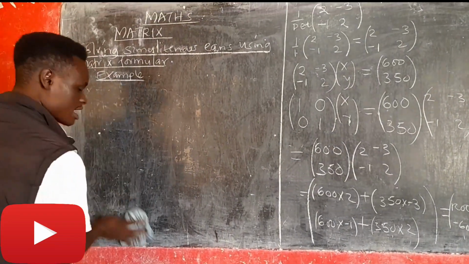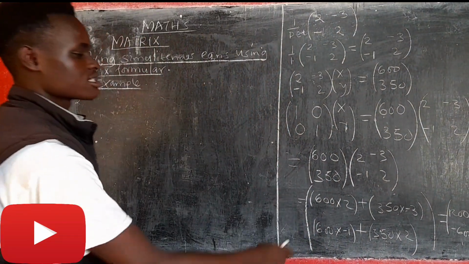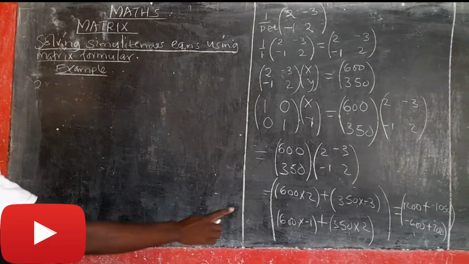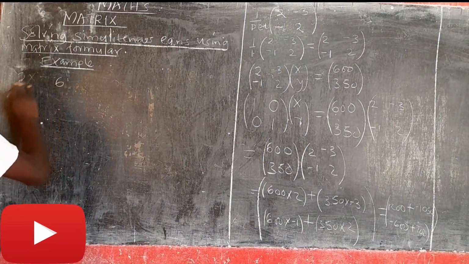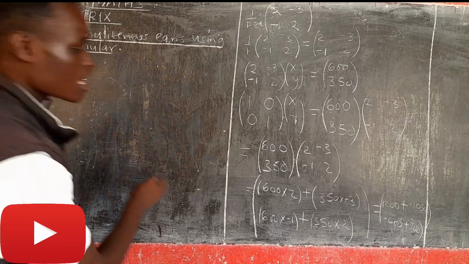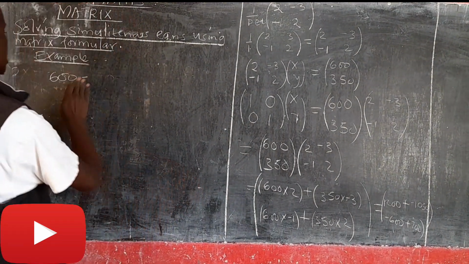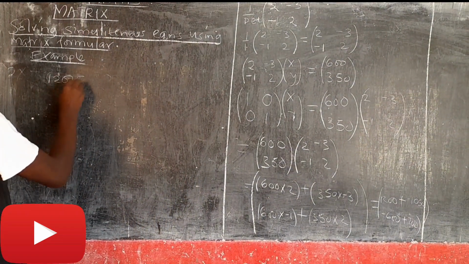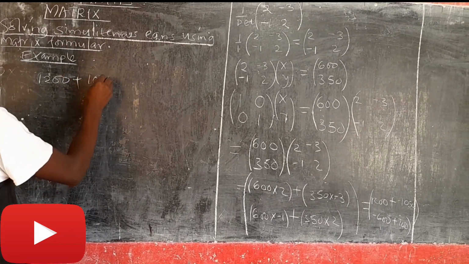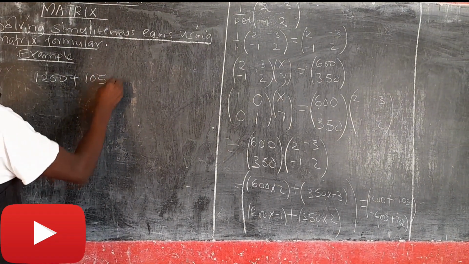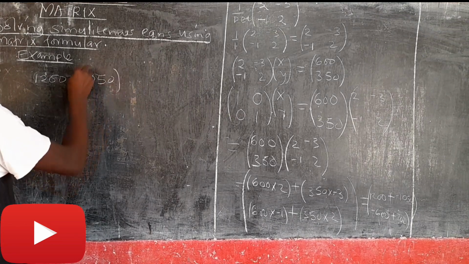So from there we have 600. So we add 1200 plus 1050, of course it was negative.